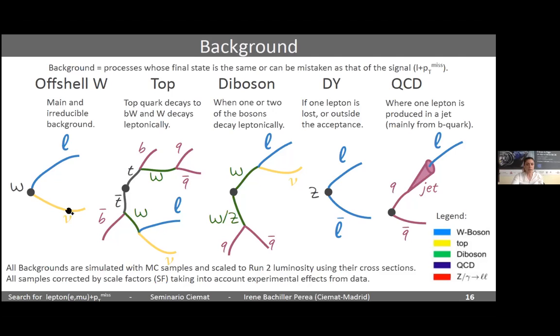All these backgrounds are simulated by Monte Carlo samples, and they are all scaled to the Run 2 luminosity using their cross sections. And they are corrected with scale factors that take into account experimental effects from data. We will use this legend for each of the Monte Carlo samples.